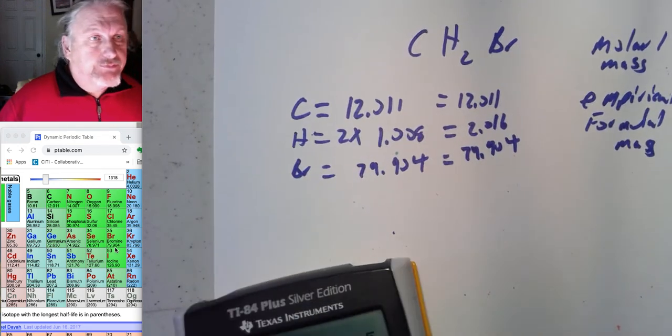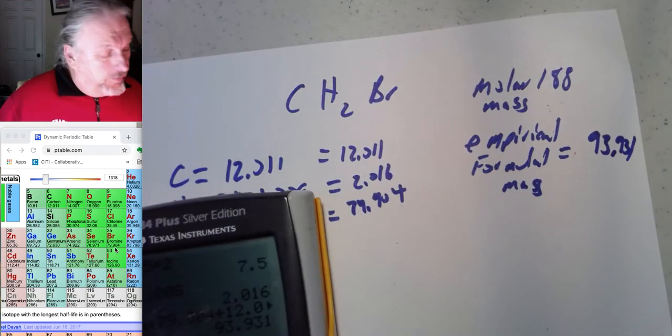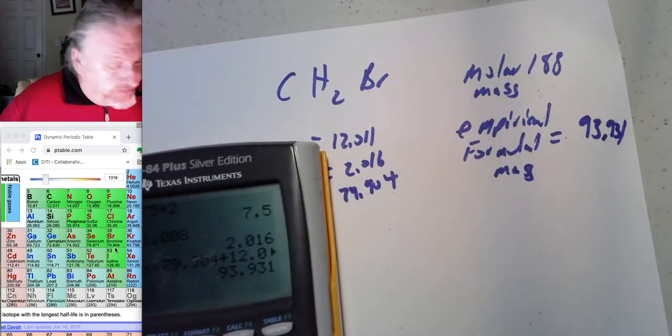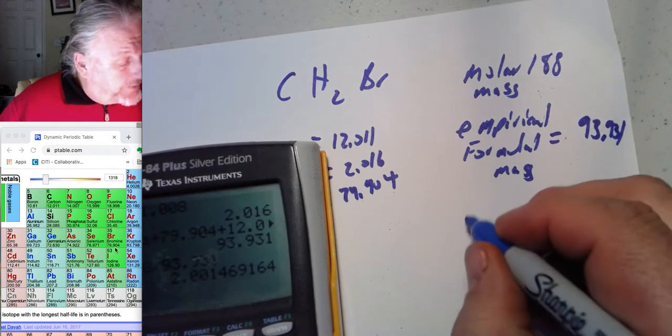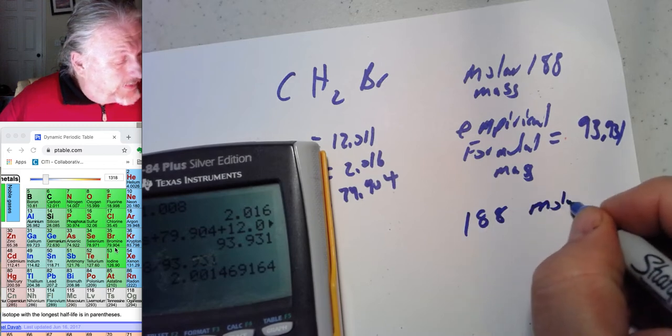Okay. So I've got to see if there's any type of factor, if you would. So what I want to do is divide the molar mass, 188, that was given, grams per mole, by the empirical formula mass.